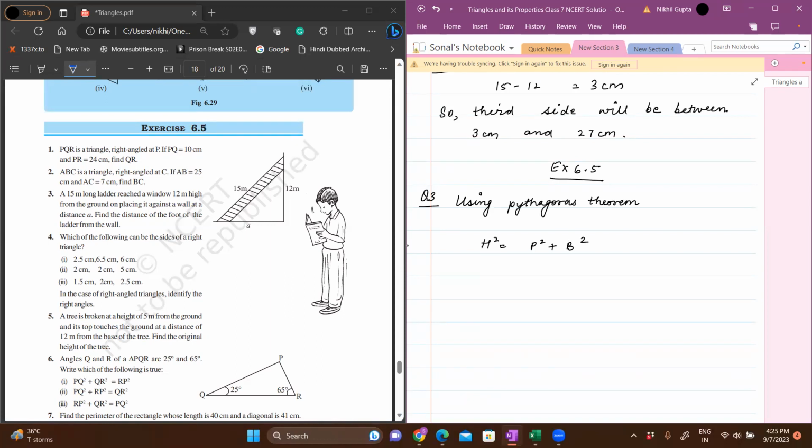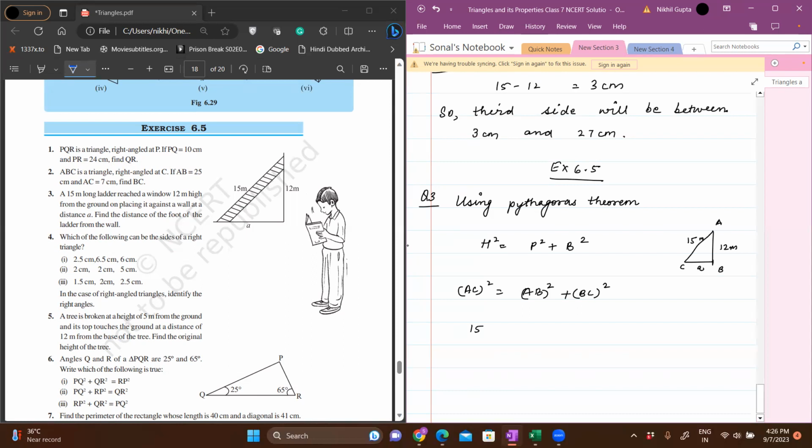So 15, the ladder, is the hypotenuse. This is 15, this is 12, and this is A. We can say that AC square is equal to AB square plus BC square.